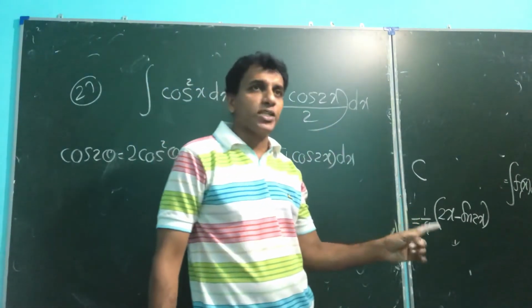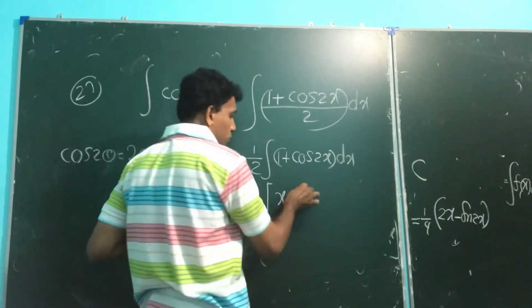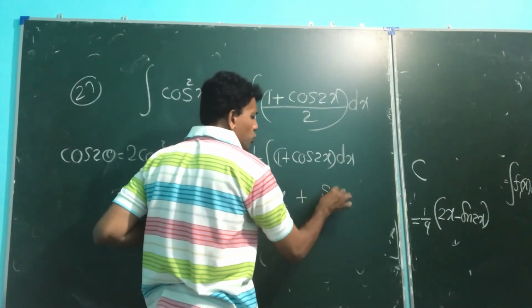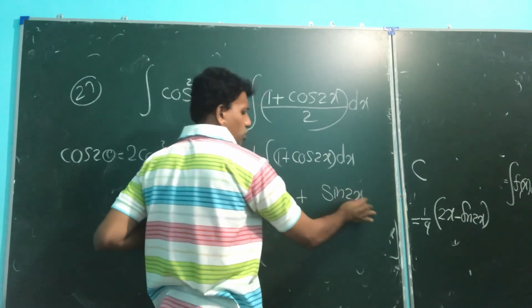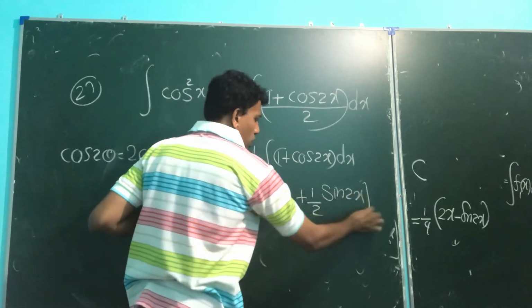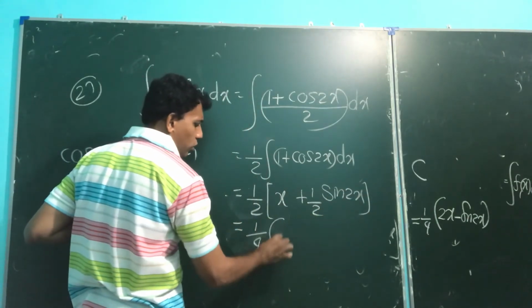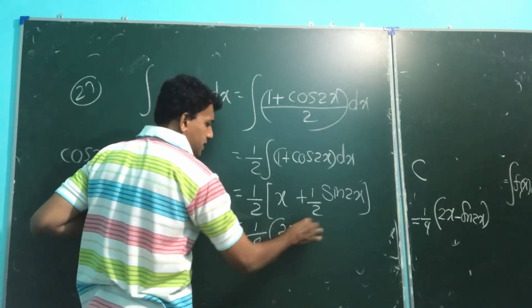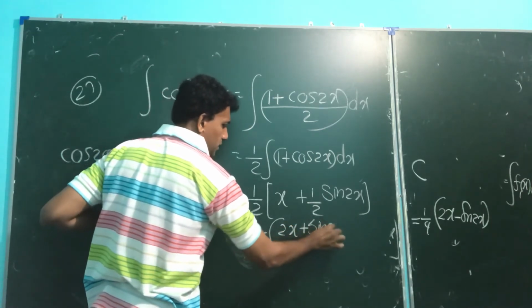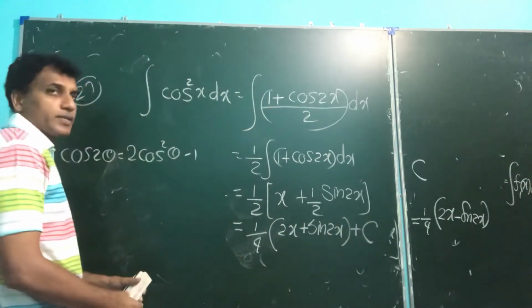Sine differentiation is cos, therefore cos integration is sine, positive. Sine 2x, and don't forget the 2x, write the reciprocal half. Or otherwise if I take the 2 out of the bracket, 1 over 4, 2x plus sine 2x plus c. Okay, this is the answer.